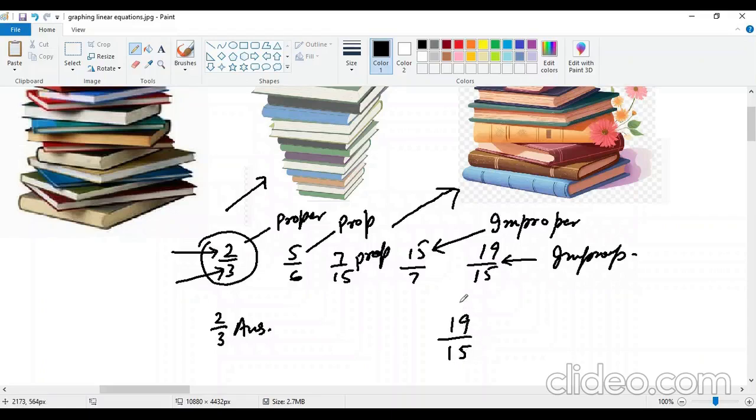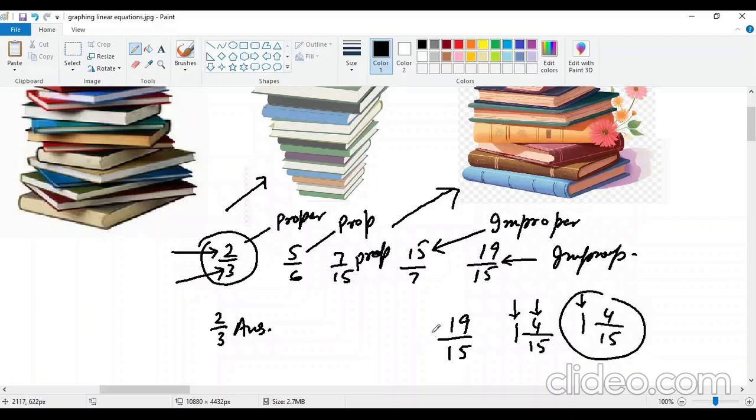That means 1 times 15 is 15 and 4 is the remainder, which will come as a numerator. A mixed fraction is a combination of a whole number and one proper fraction. One whole number and one proper fraction make a mixed fraction. Is it clear? I hope it is clear.